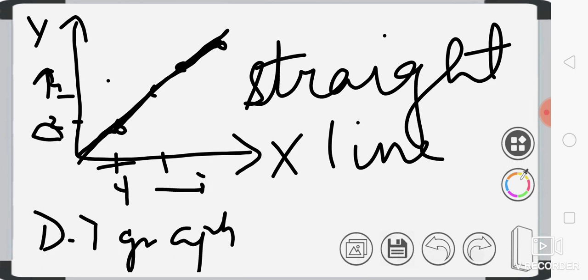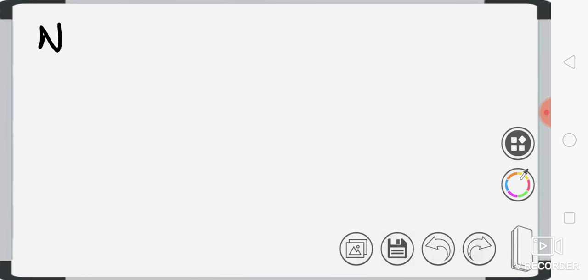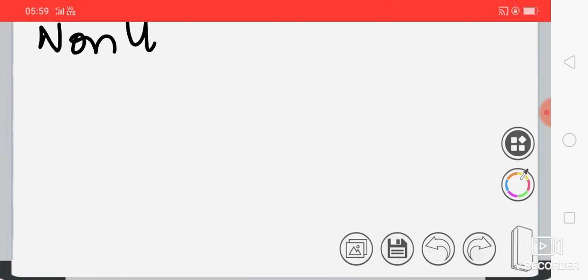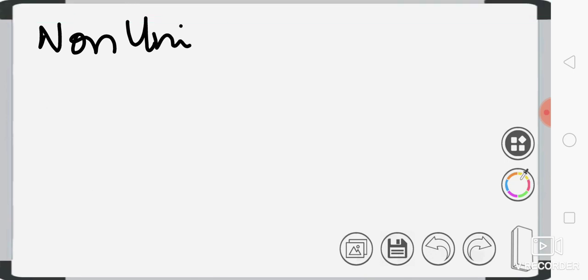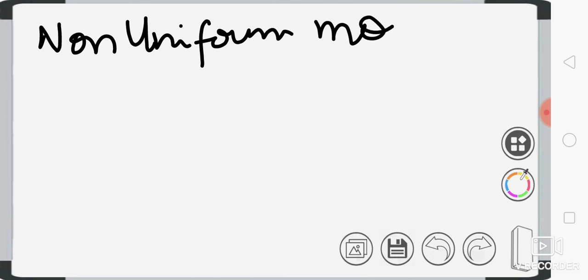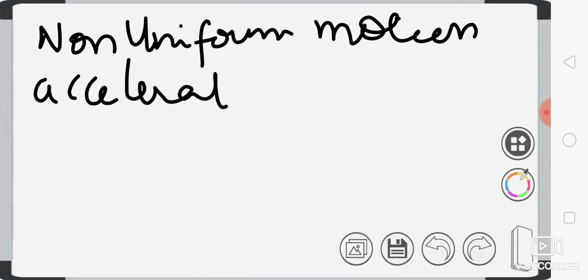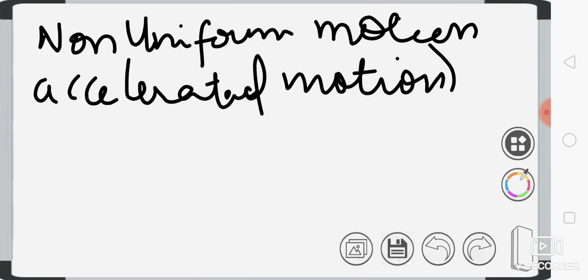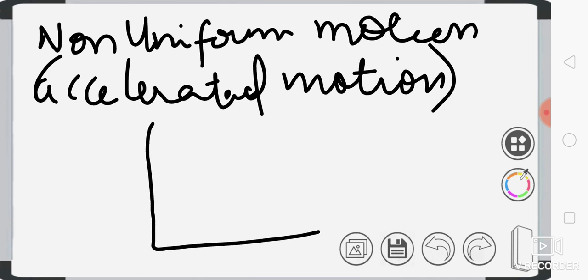And for non-uniform motion, which is also termed accelerated motion, this is another name for non-uniform motion, and the graph will be like this.